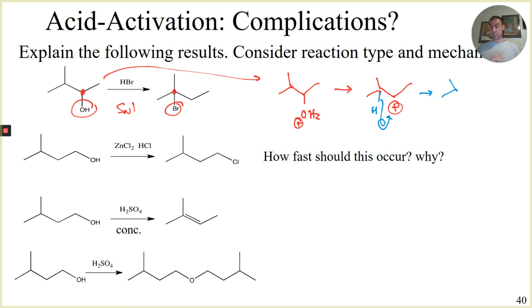That rearrangement happens very, very fast because we're going from secondary to tertiary. Now the nucleophile, our bromide in this case, can come in and finalize the reaction. So that's why we're seeing this apparent shift in the chemistry. It's because the mechanism is an SN1 and we form a carbocation with the potential to rearrange.